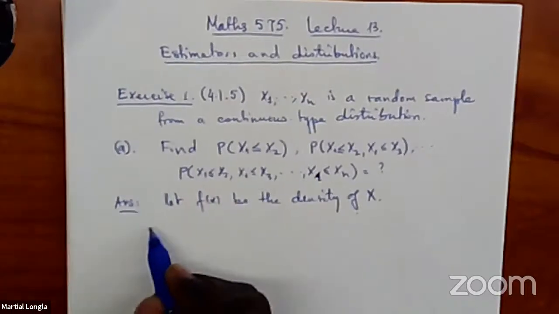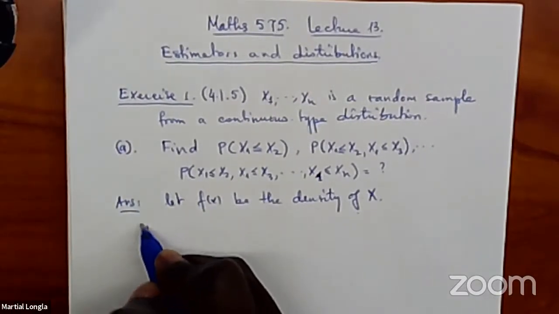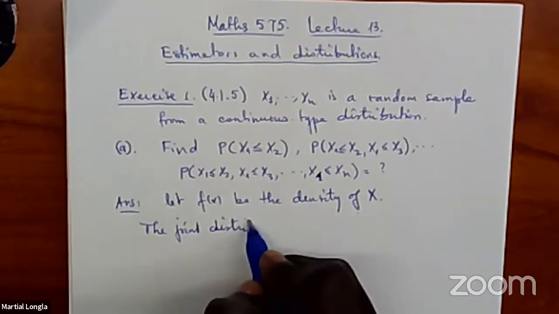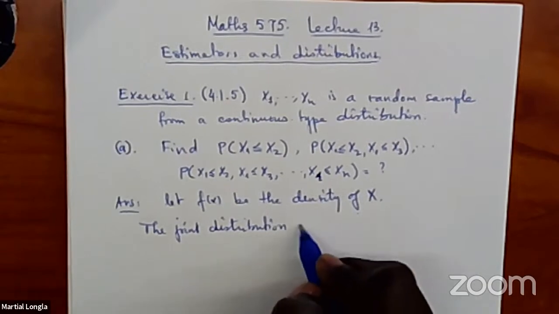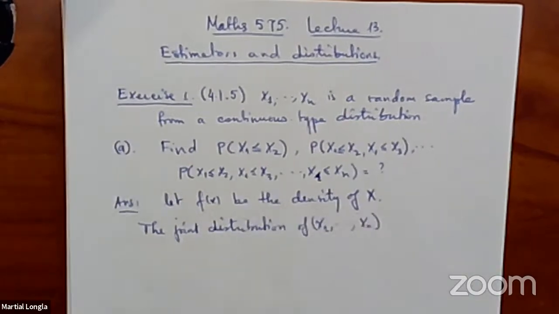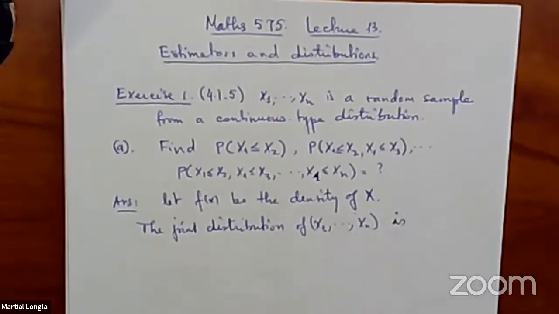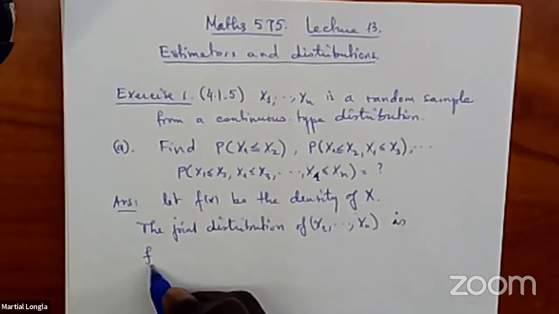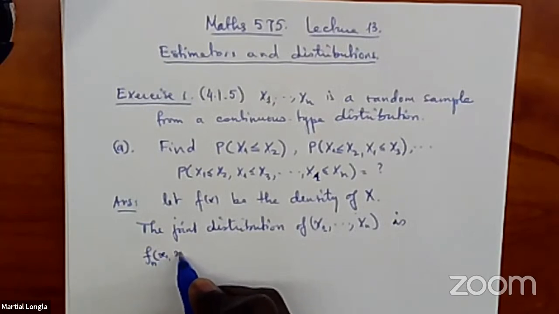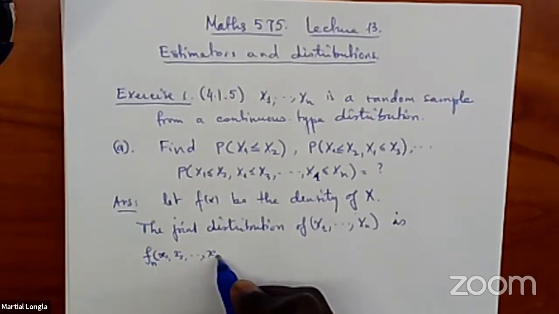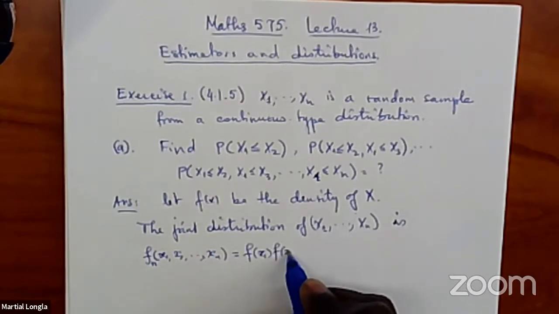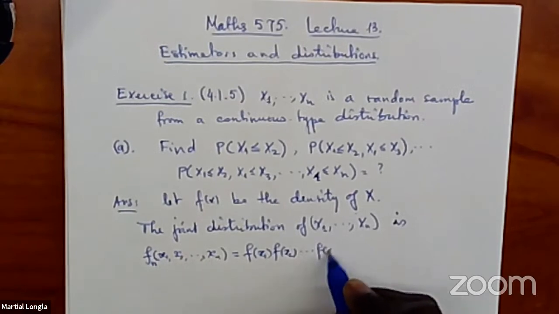Now, the joint distribution of x1 to xn is, let me just put here f_n of little x1, little x2, all the way to little xn equals the product f of x1, f of x2, f of xn.